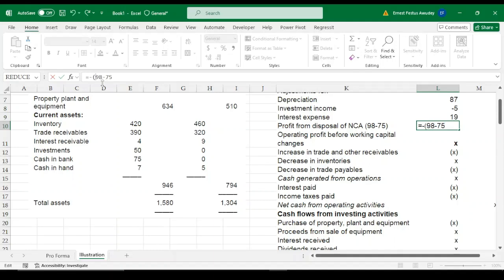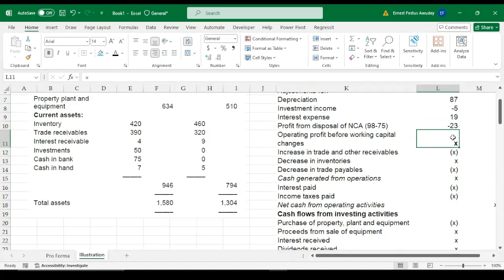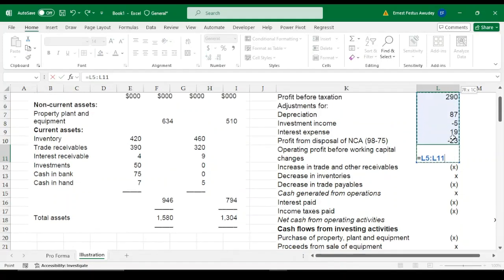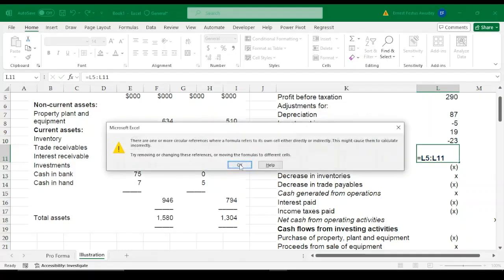That is going to give me negative 23 there. All of these added together, including the profit before taxation, will give me the operating profit before changes in working capital.